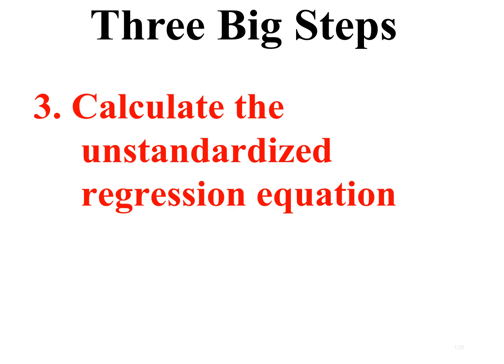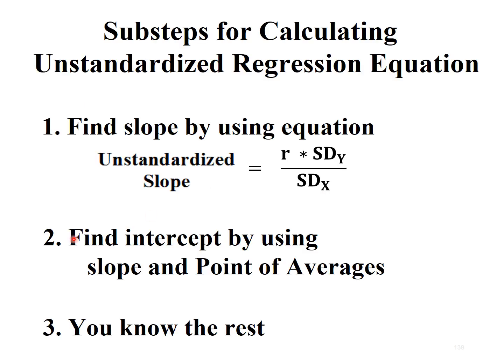Okay, so how do you calculate the unstandardized regression equation? Well, once you find the 5 basic statistics, from there it's the same steps that you guys have done before. So first thing you're going to do is find your slope. And remember, you're going to use this formula: R times SD of y divided by SD of x.